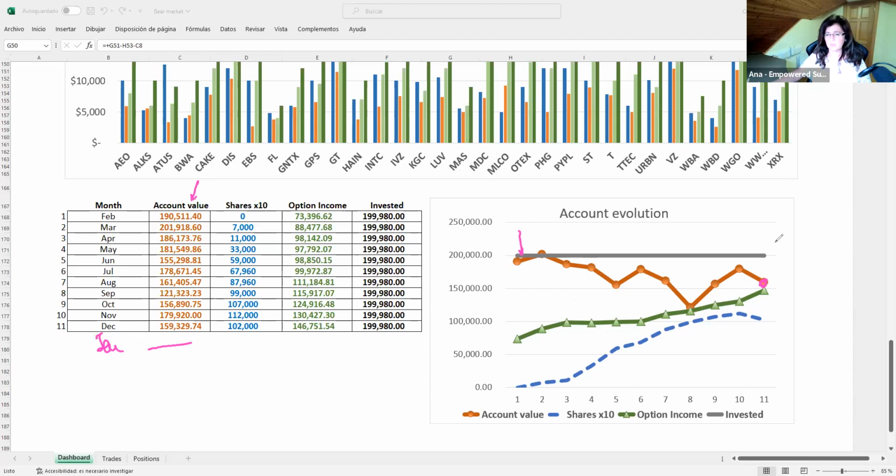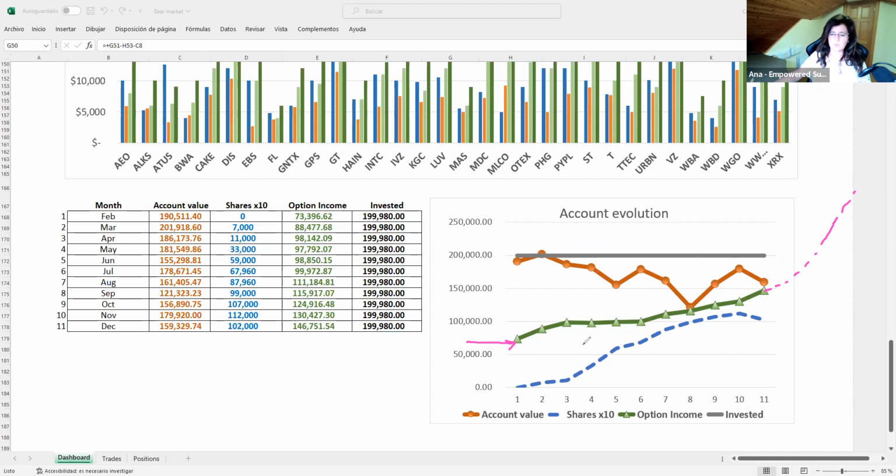But right now we were over 200,000, so we are here. Anyway, the account value, as we already know, is going to go up and down all the time. We can't do anything with that, and it's going to be a broken line. The option income, represented by the green line, is smoother, and we can focus on making it grow and grow and grow.